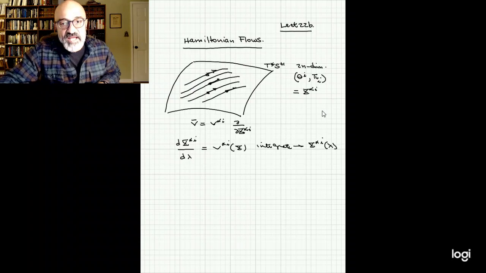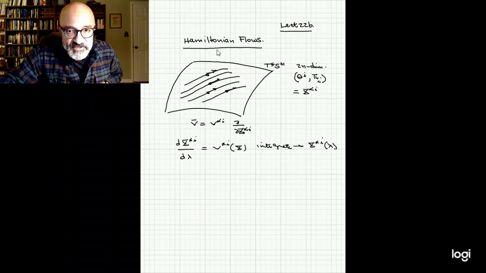What we would like to consider are those flows that are natural for this particular manifold.